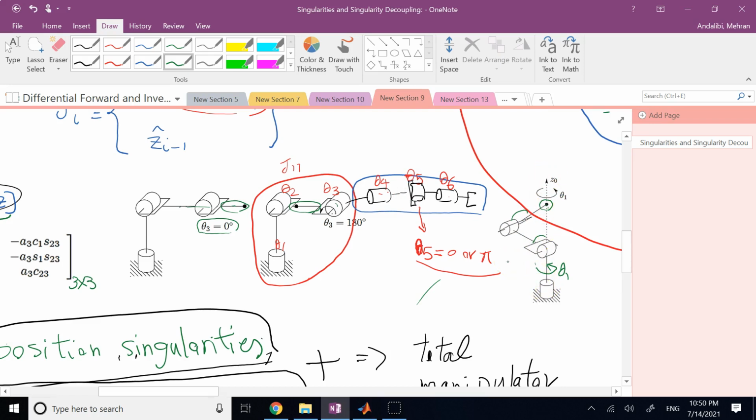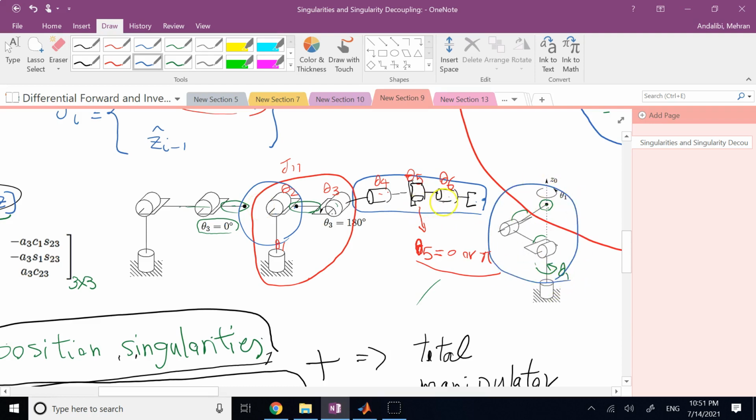Now, remember I told you that singularities happen at the boundaries of the robot or inside it. The boundaries are what in this case? The boundaries are when theta 5 is 0 and theta 3 is 0, so this robot basically reaches the furthest point possible. If you make theta 3 pi and theta 5 pi, this comes back as much as possible, trying to reach as close as possible to the base. That's also on the boundary. But this last case is not.